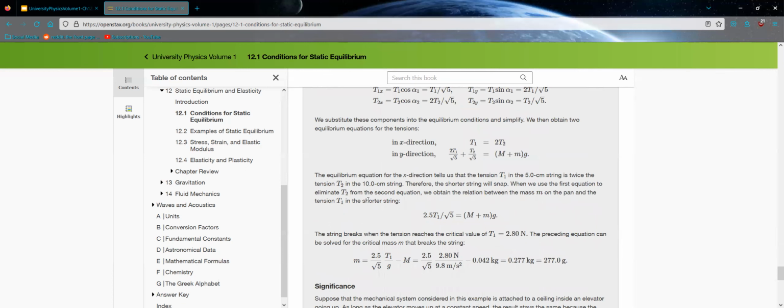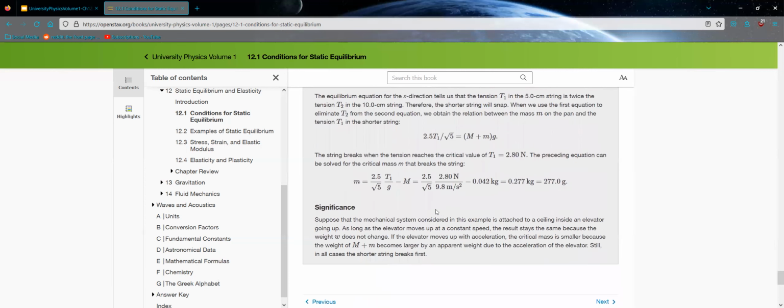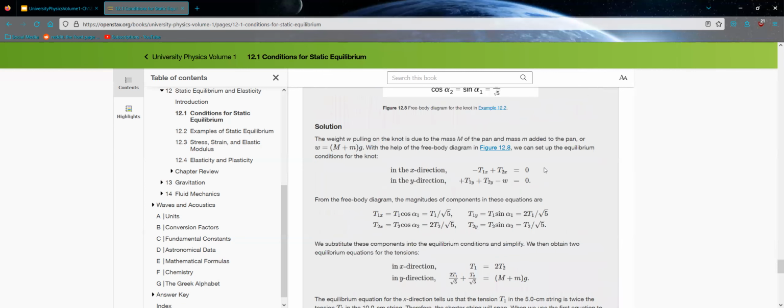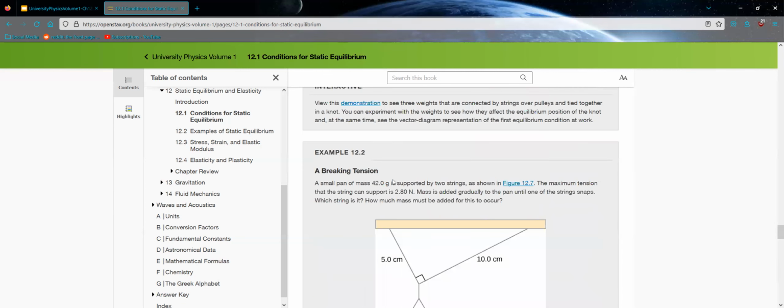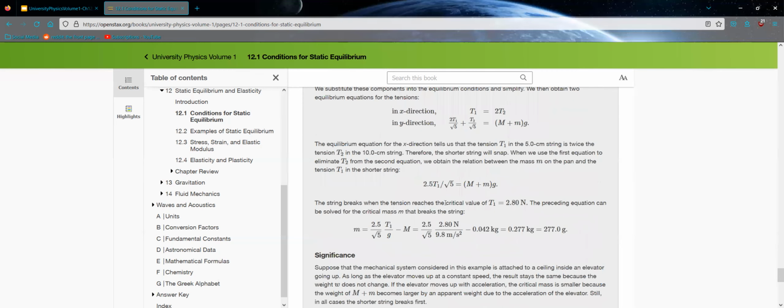When we use the first equation to eliminate T2 from the second equation, we obtain a relationship between the mass of the pan and the tension of the string, which is shown here, right? So, when does the string break? The string breaks when the tension reaches its critical value of 2.8 newtons. We know that because we're told that the string breaks at 2.8 newtons, right?